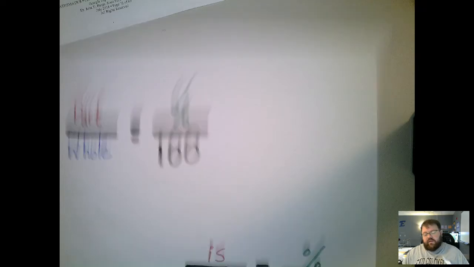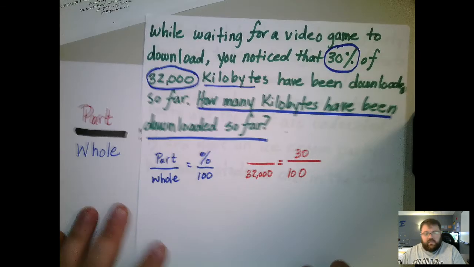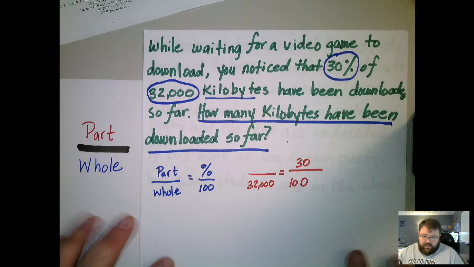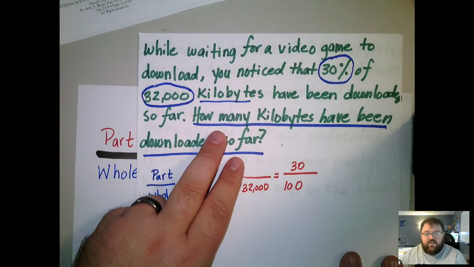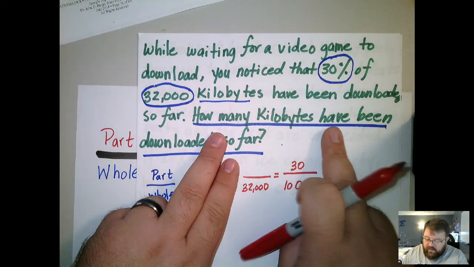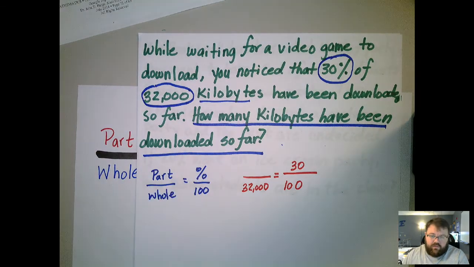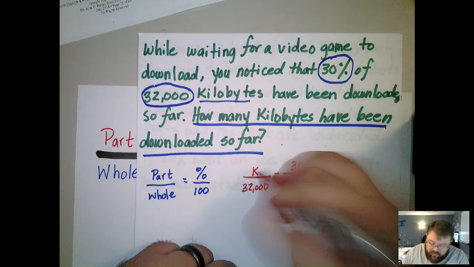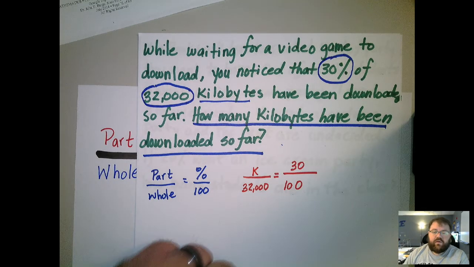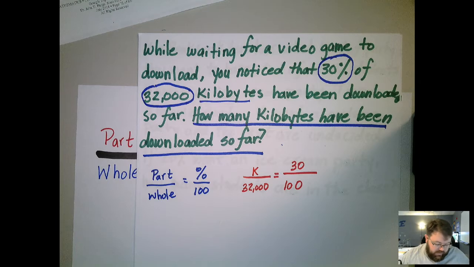Of goes in the denominator. However, if you didn't, you could have also went to your question and said, how many kilobytes have been downloaded so far? Well, that's the part. You're trying to figure out how many kilobytes or the part that's been downloaded. Okay? Now, once you have set this up, I want you to pause the video. I want you to solve it.